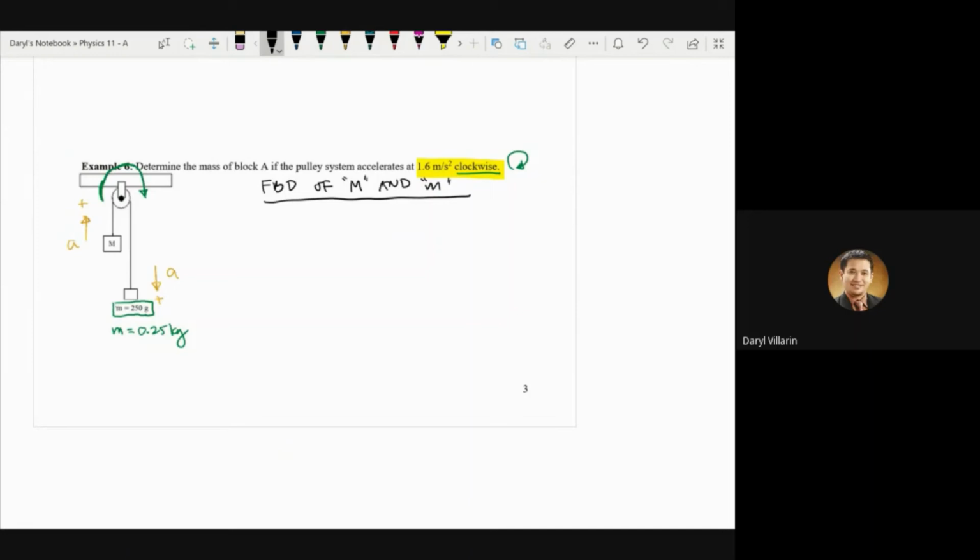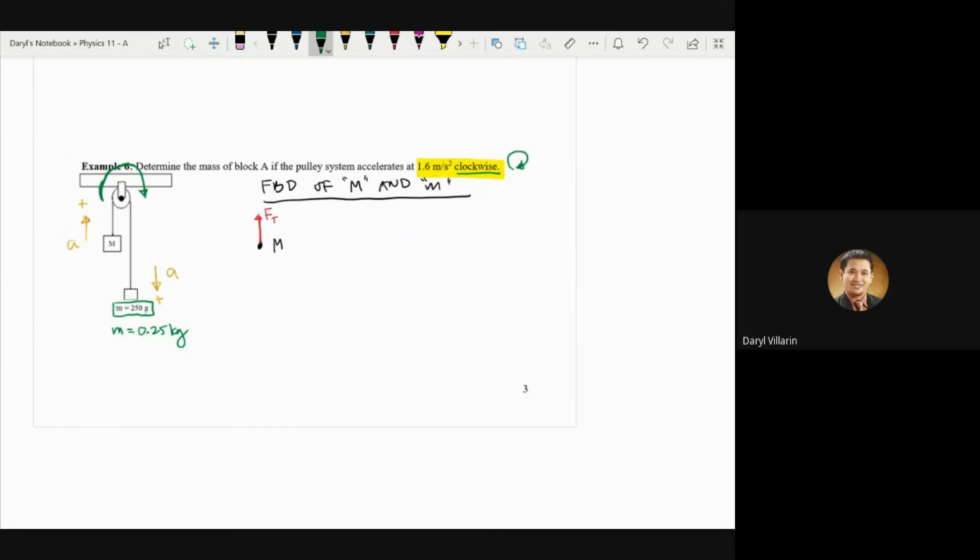So of course, capital M. If this is my capital M, well, it is attached to a string, so therefore that should be tension force. Remember that it's not normal force, because for normal force there should be an object lying on a particular surface. But in this case, you have a string being attached, so that would be Ft.